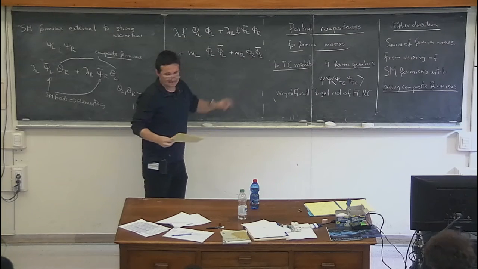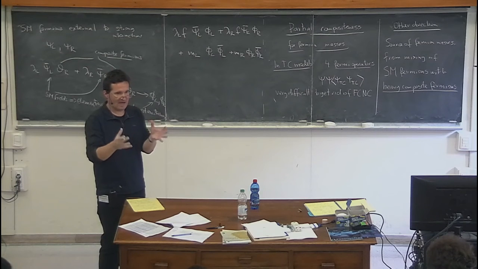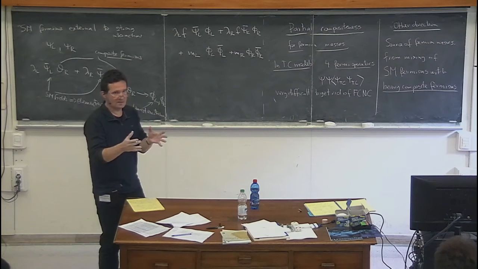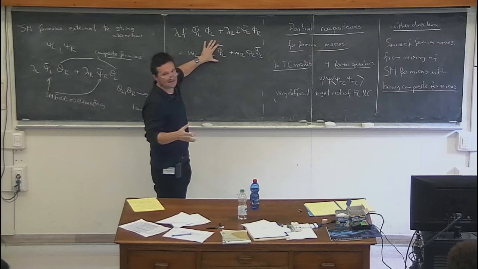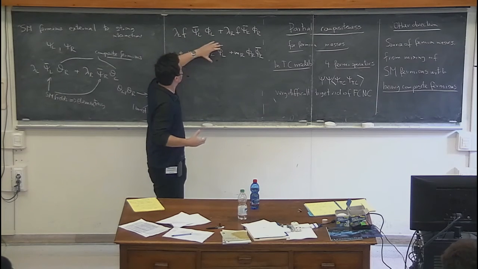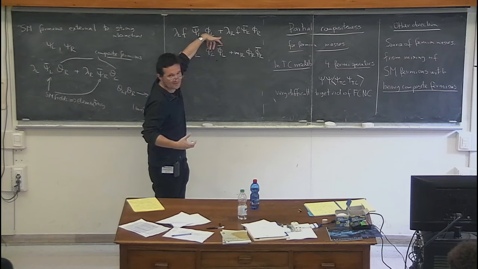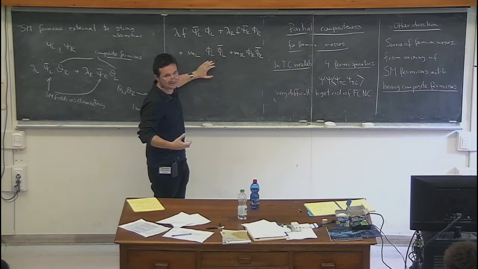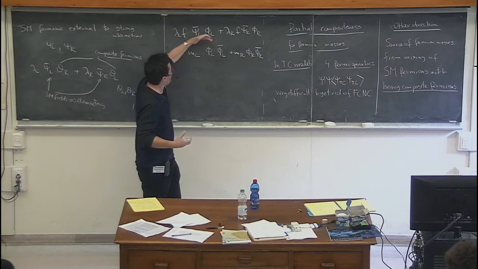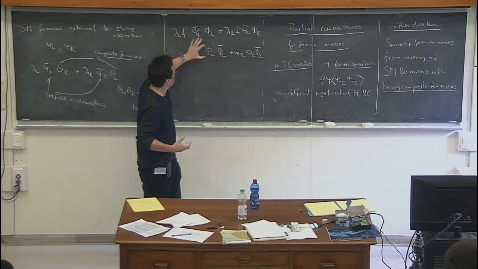Again, the assumption is that I have some heavy composite fermions, and this is just saying that this is a heavy composite fermion. So this is the mass that the compositeness produced for these fermionic fields. And in addition, I'm adding this mixing between the standard model field and the heavy composite fermion. So these are all two-component fermions.